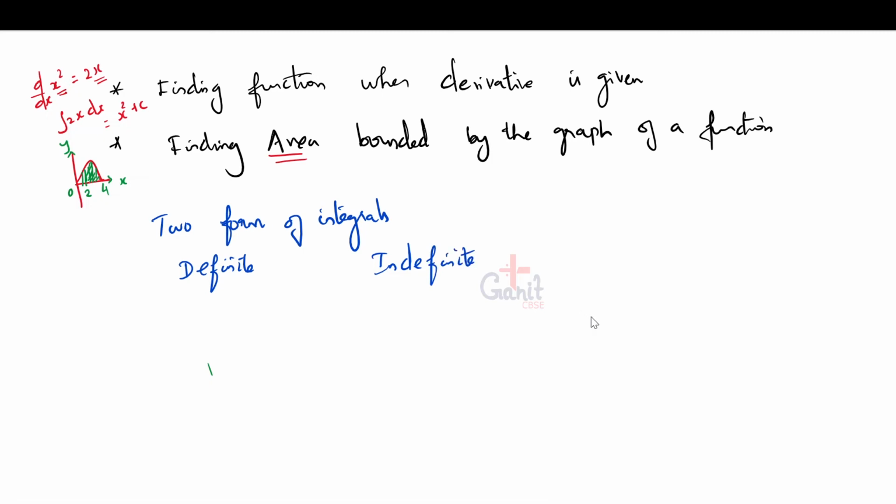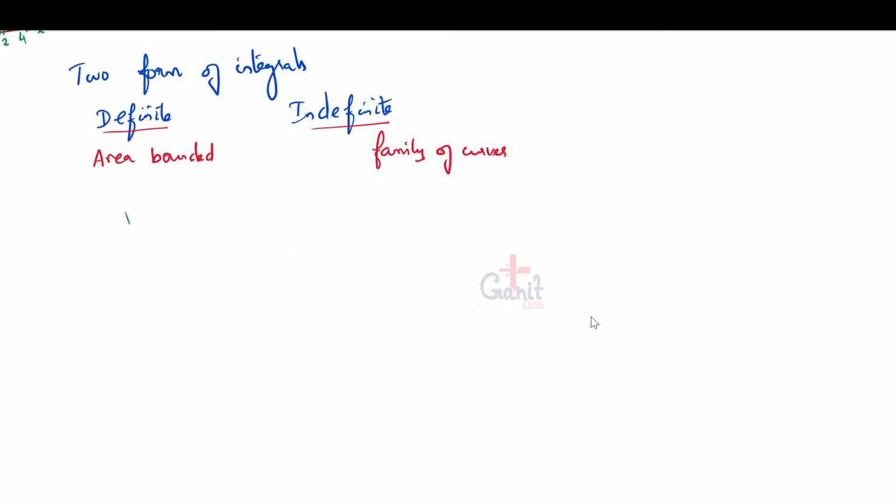A definite integral follows limits or some condition to find the area bounded by the graph, so it's defining the limits. In an indefinite integral, there are no conditions and we will get a family of curves. We'll see how we can get the family of curves.